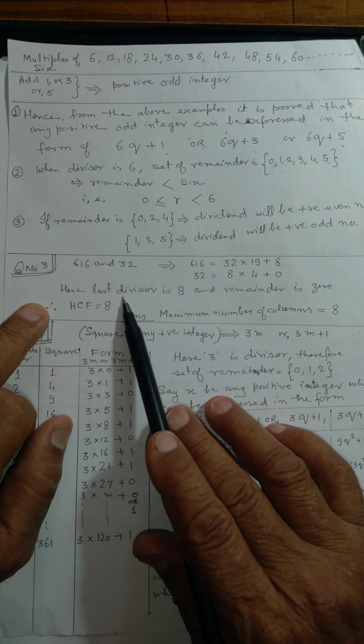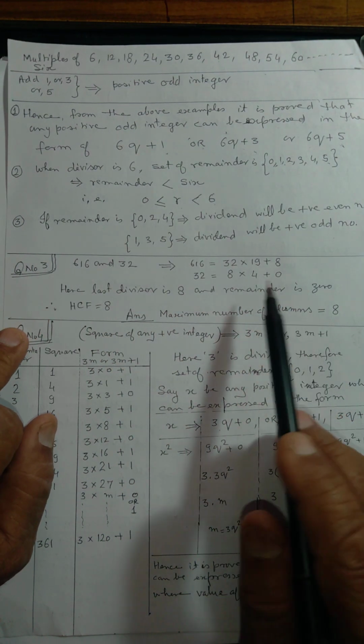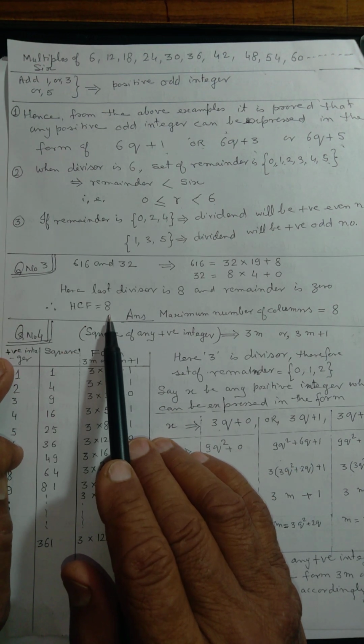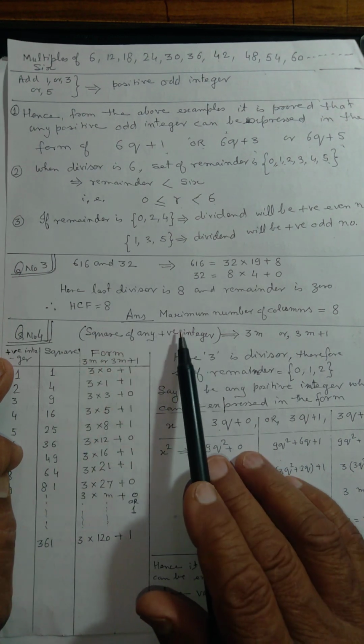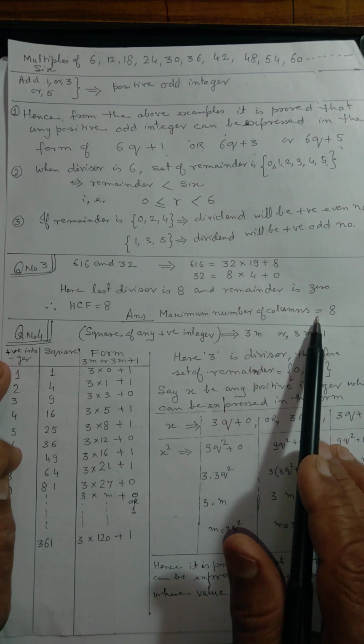So here the last divisor is 8 and the remainder is 0. Therefore the HCF will be 8, meaning the highest common factor of these two numbers is 8. Therefore the maximum number of columns will be 8. This will be the answer.